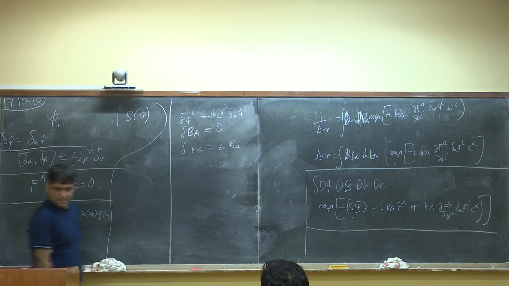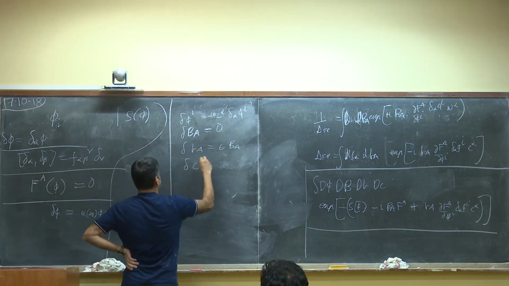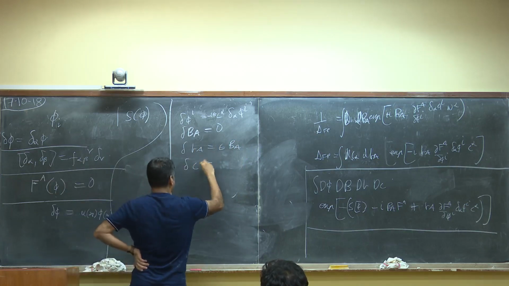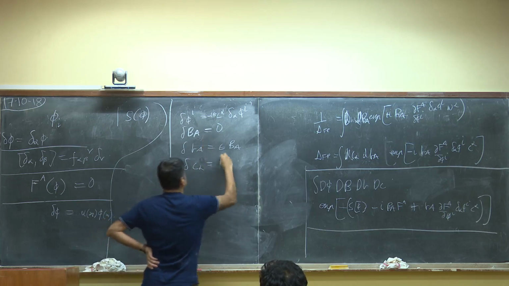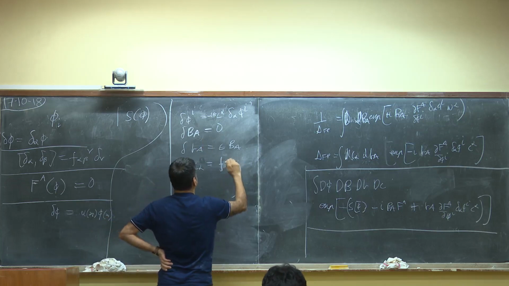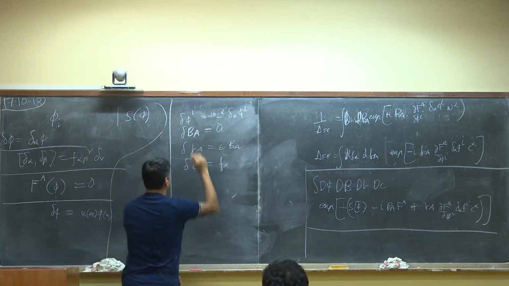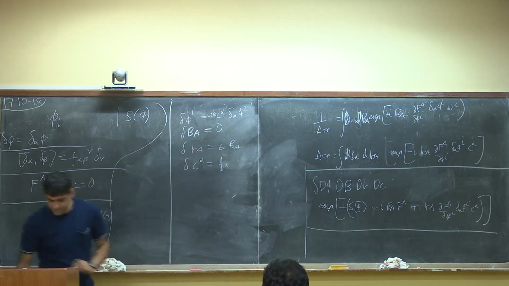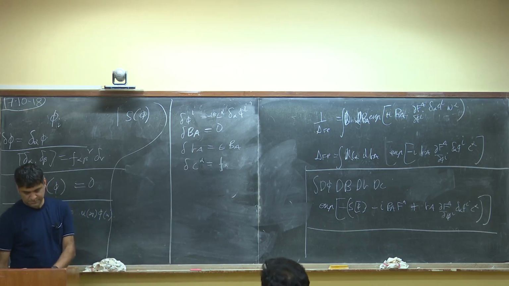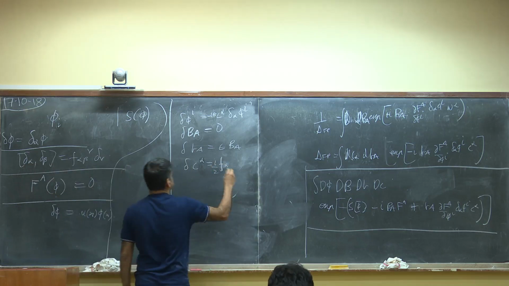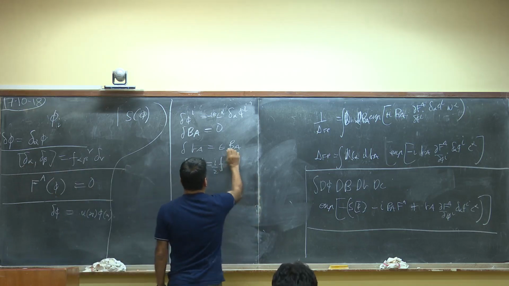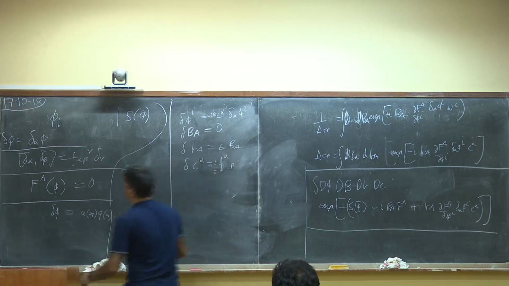And delta c_alpha is equal to, i by 2, f_alpha beta gamma. Now, how do I write this?